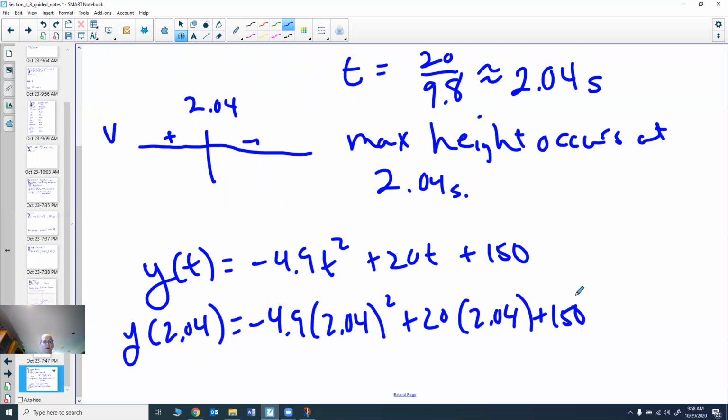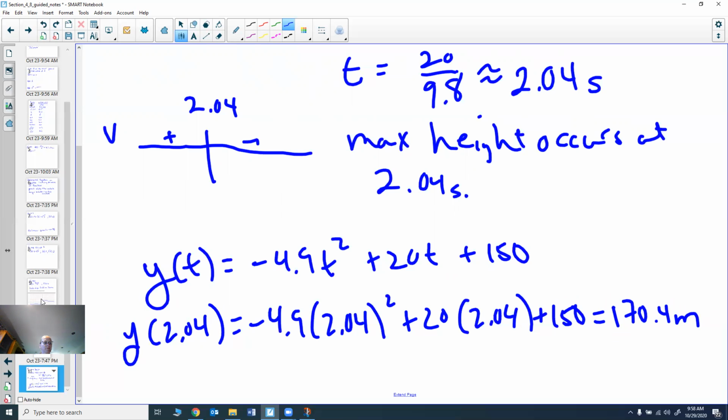Again, we just take out our calculator and find out what that is. And I get that it's 170 meters, 170.4. Which makes sense. It did go up, so it should be more than 150, which is where we started, and that's as far as it went up.